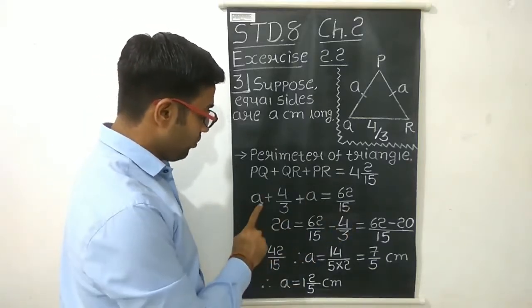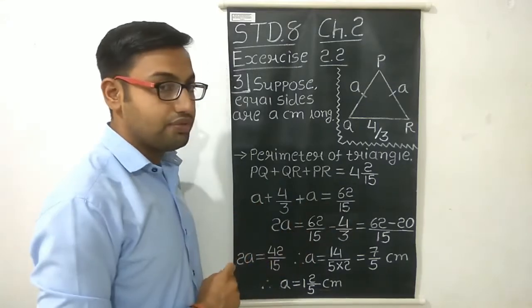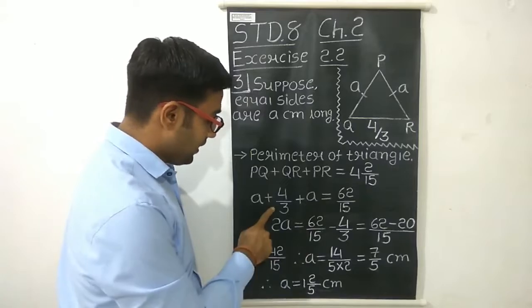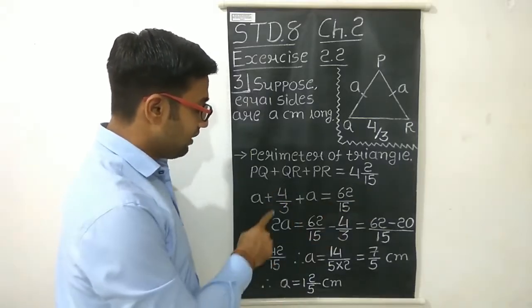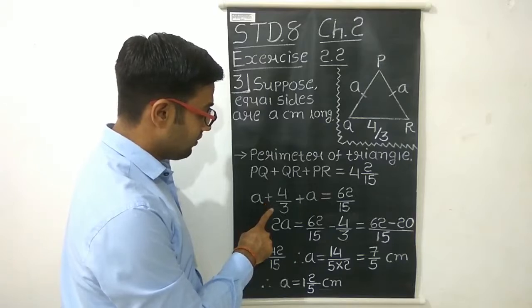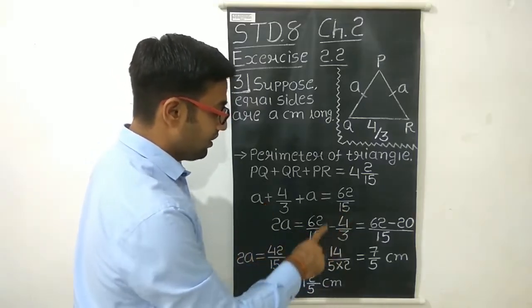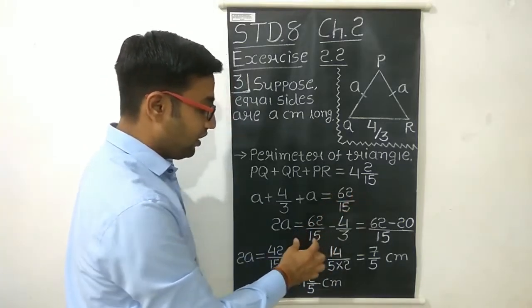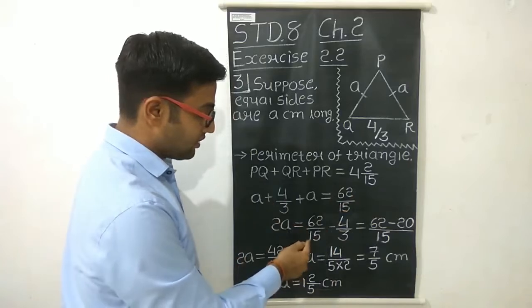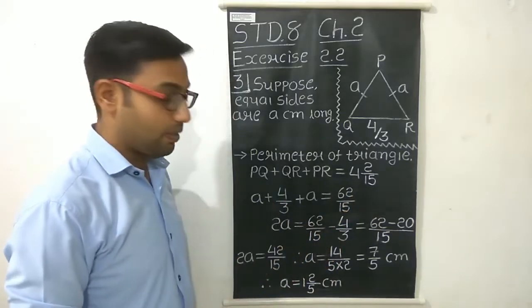Okay, so now what will happen? a plus a becomes 2a. By taking this 4 by 3 to the right hand side, it will become minus because here it is plus. So by taking it to the right hand side, it will become minus 4 by 3. 62 upon 15 is already there on the right hand side, so it will be minus from this 62 upon 15.